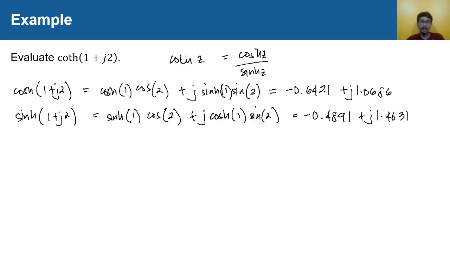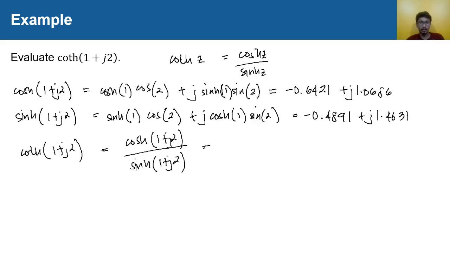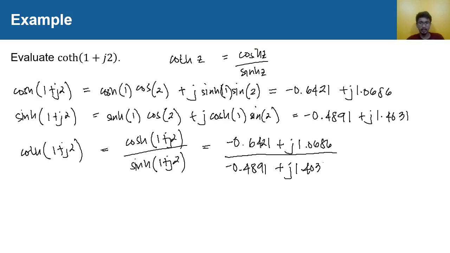And then, to solve now for the hyperbolic cotangent of 1 plus j2, that is simply cosh of 1 plus j2 divided by sinh of 1 plus j2. So we have negative 0.6421 plus j1.0686 divided by negative 0.4891 plus j1.4031.